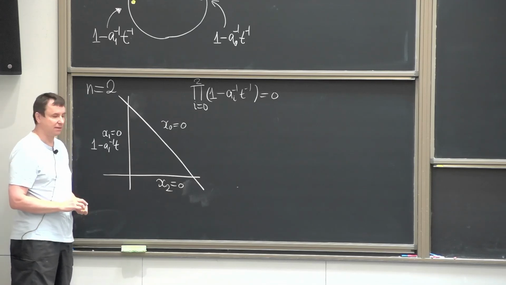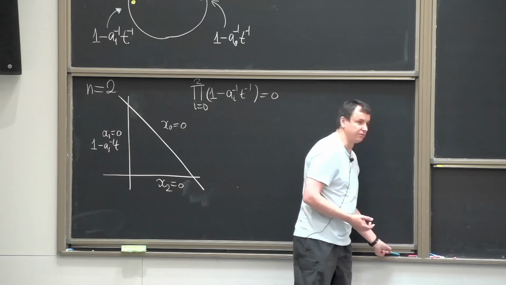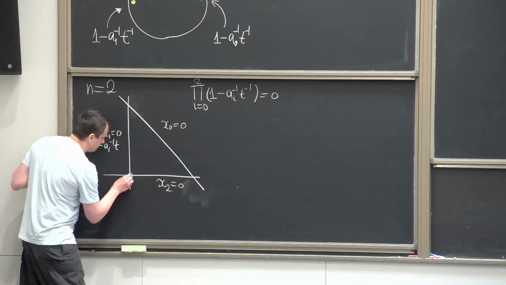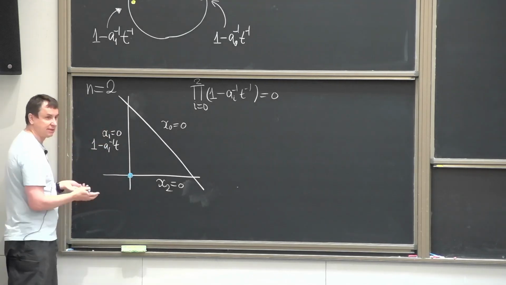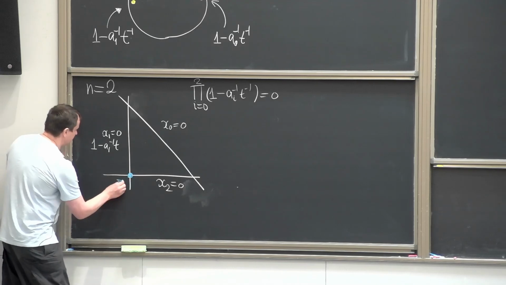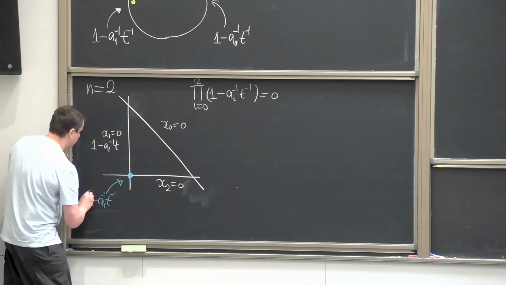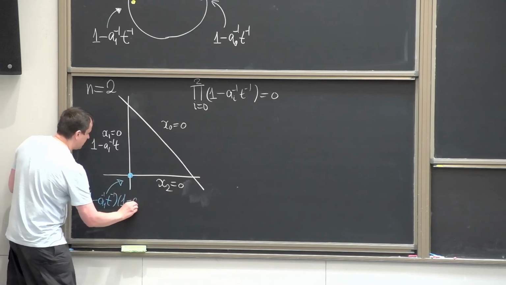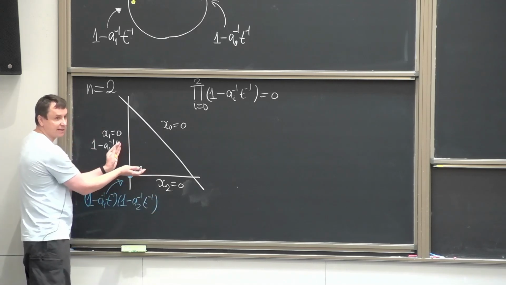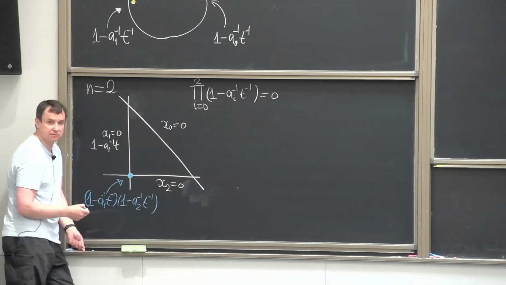Clear? By the same token, we can compute not just the classes of lines, but also the classes of points. What's the class of that point? Well, it is the intersection of these two lines. So the class of this point is (1 minus A1 inverse T inverse) times (1 minus A2 inverse T inverse), which is correct if you write the Koszul complex, the resolution of the structure sheaf of that point, that would be the character of that complex.